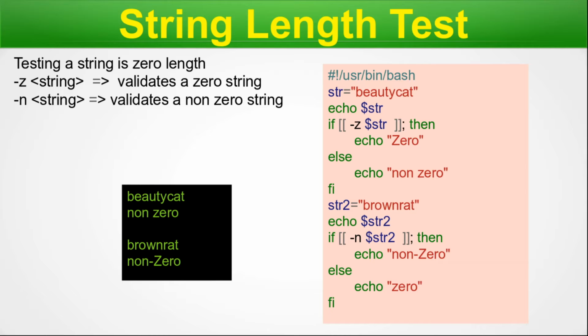In the first case, it enters the if condition, checks and finds it is not satisfied, so it goes to the else. But in the second case it goes to the if condition and satisfies it, and does not go to the else condition. So these are the two conventions of checking zero or non-zero string length. We are done with this section. Let's move on to the next section.